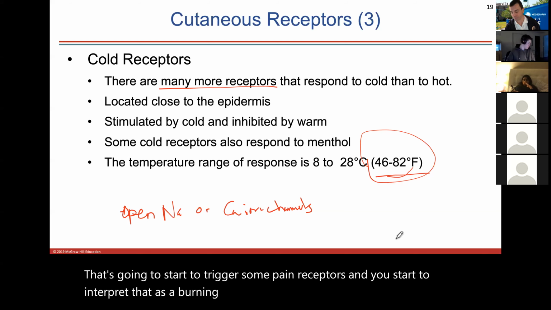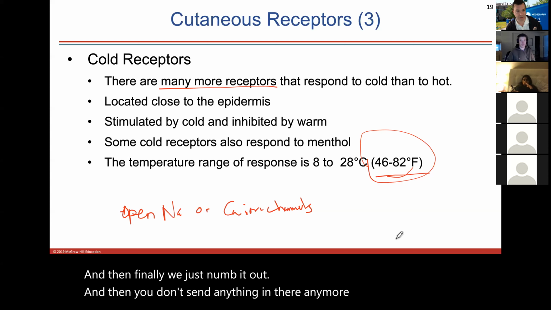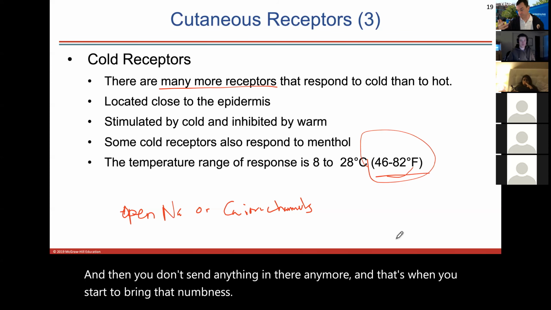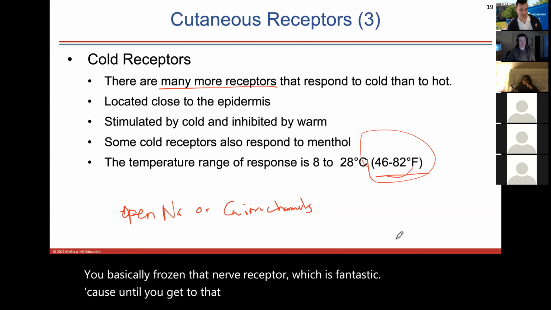And then finally, we just numb it out, and you don't send anything in there anymore. That's when you start interpreting that numbness. You've basically frozen that nerve receptor, which is fantastic. Until you get to that point, it stinks.